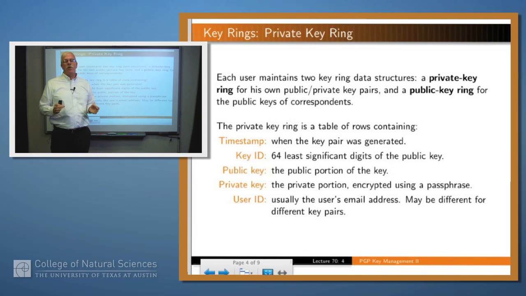Okay. Where do you keep these keys? Well, each user in PGP has 2 key rings, one called the private key ring and the public key ring, as you might expect. On the private key ring, that's where you keep your own private keys and information to identify them. So you'll have the corresponding public key, you'll have this key ID, which is the last 64 bits of the public key, you'll have a timestamp telling you when the key was generated, and you'll have a user ID.